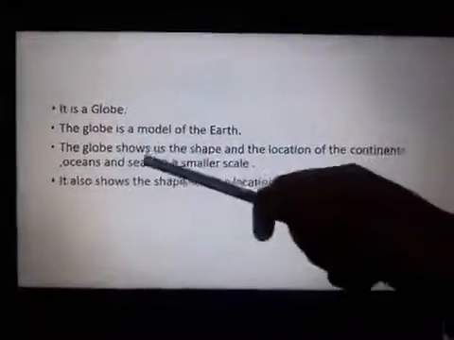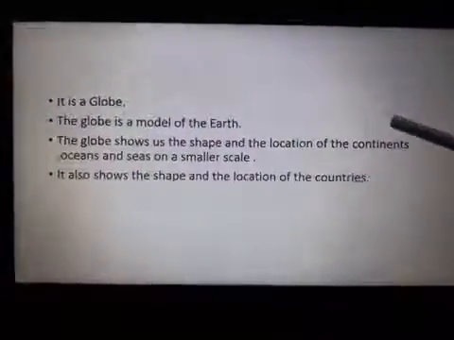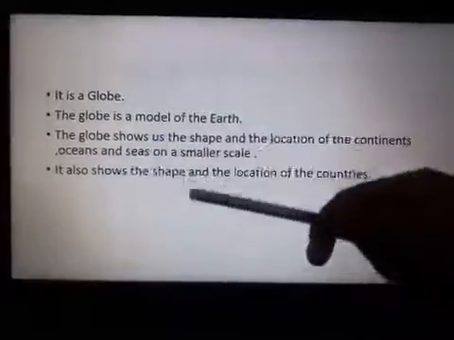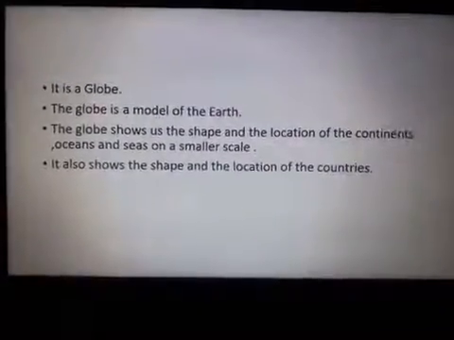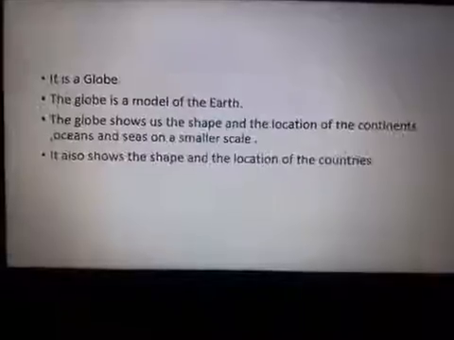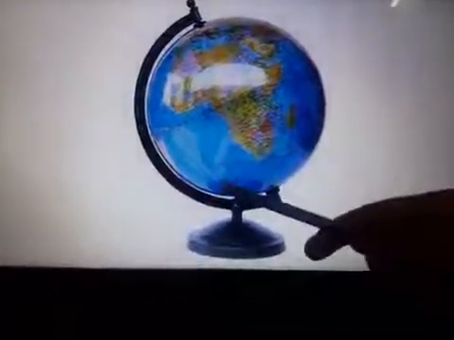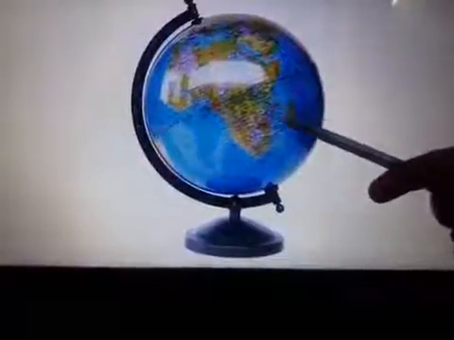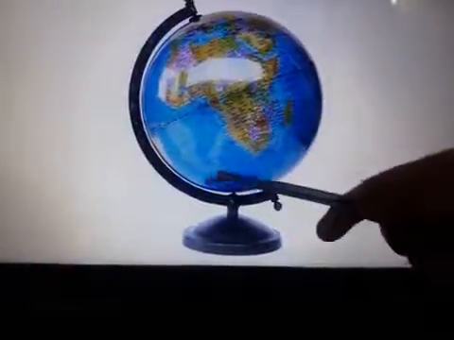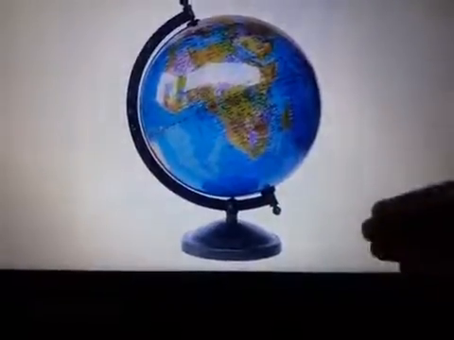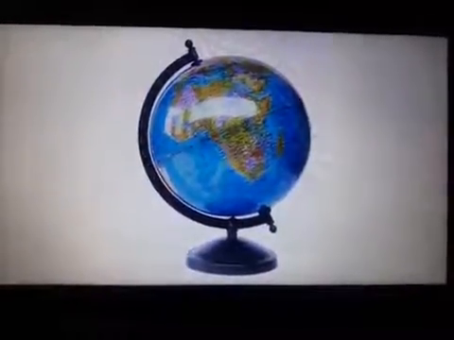Second point, the globe shows us the shape and the location of the continents, oceans and seas on a smaller scale. So on the globe we can see the oceans, the states, the countries, the seas, everything, the continents also. It is clear. And this bluish portion that you can see reflects the water.